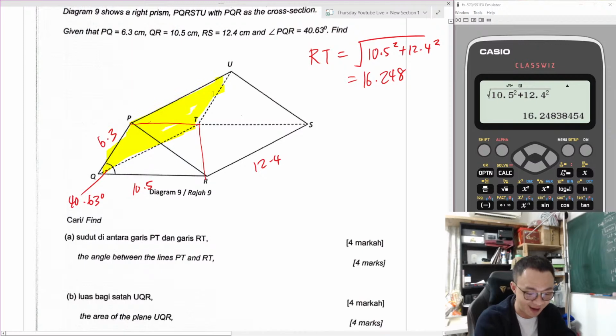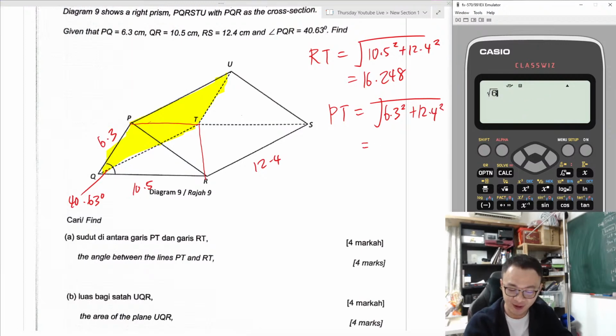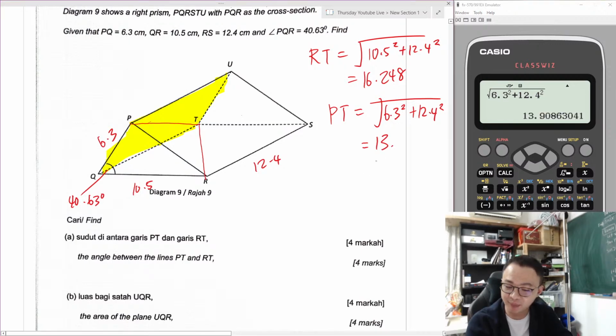So P to T is the hypotenuse of that rectangle. Because of that, I know PT is square root of 6.3 square plus 12.4 square, which is 13.909.